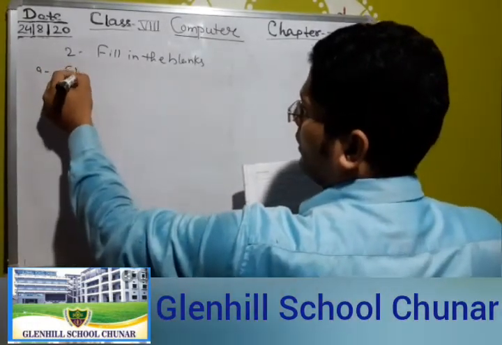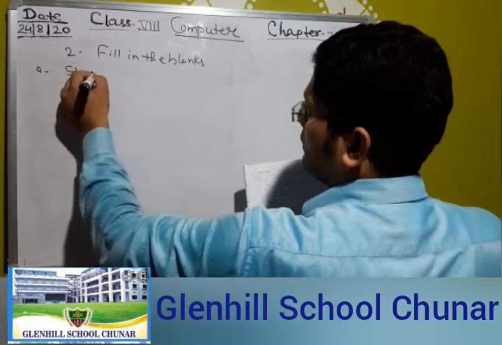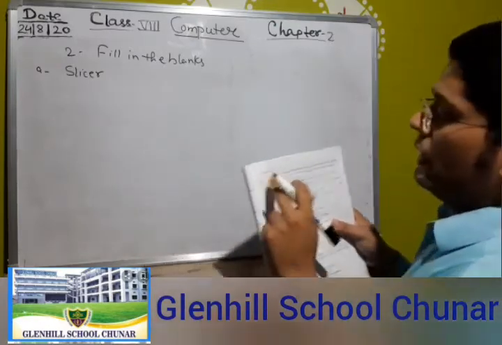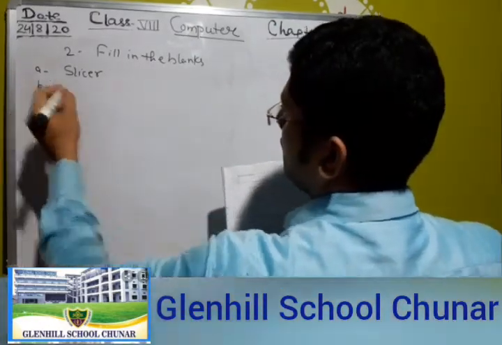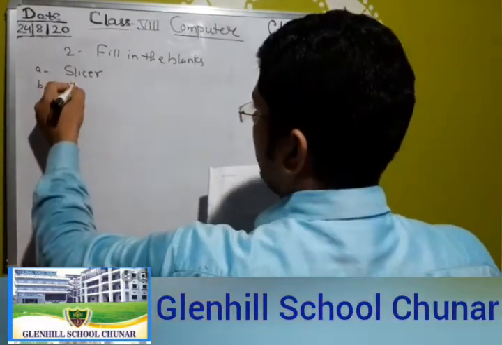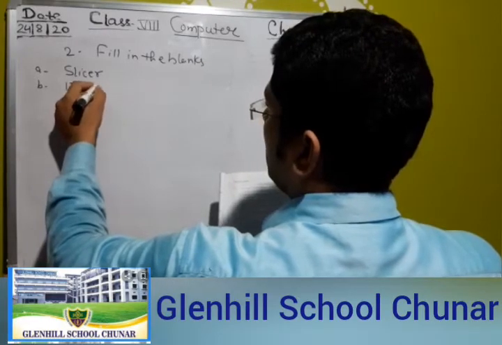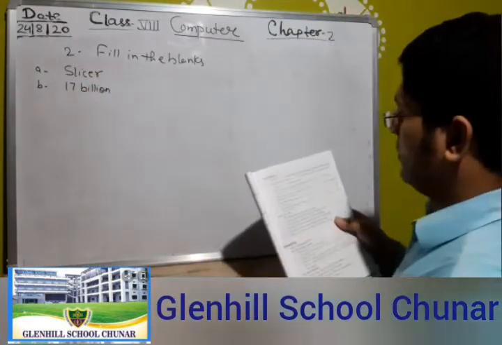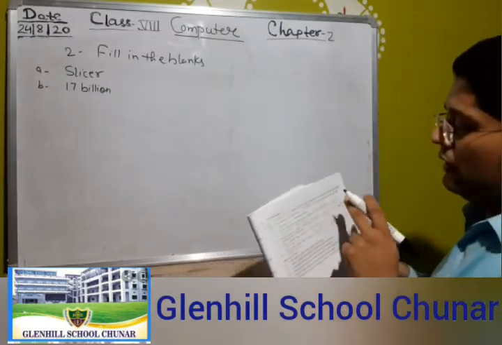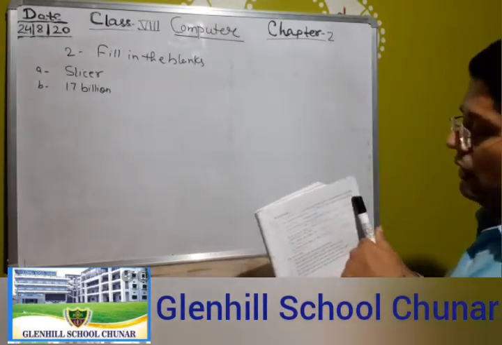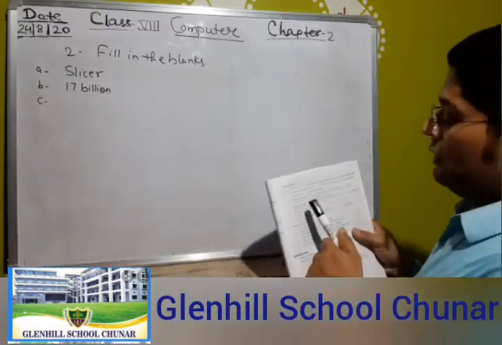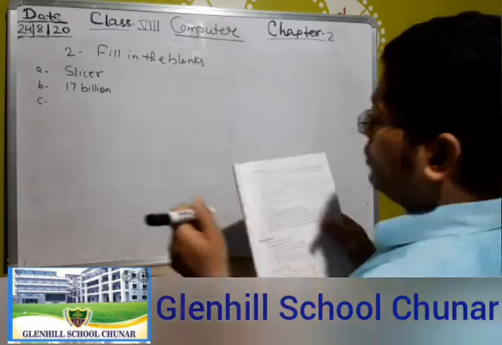So fill in slicer in the first column. B. Each worksheet has more than 17 billion cells in which you can enter data. C. Quarter is a discrete variable.